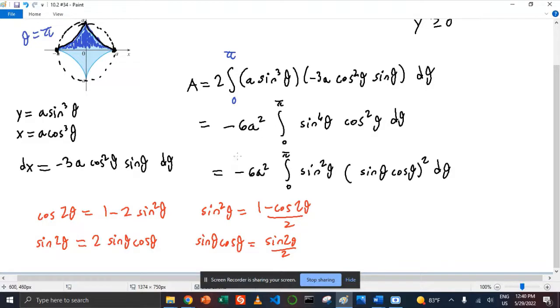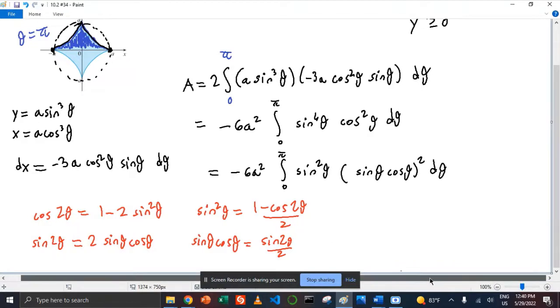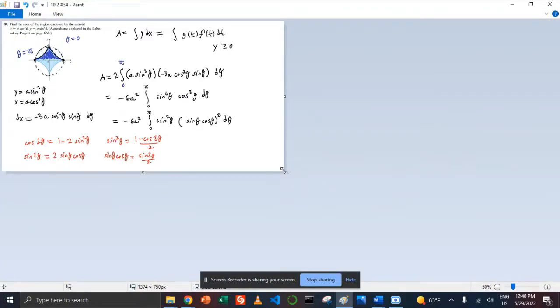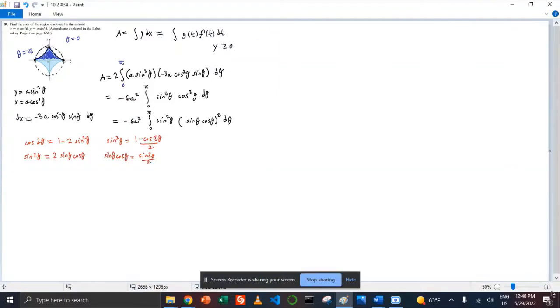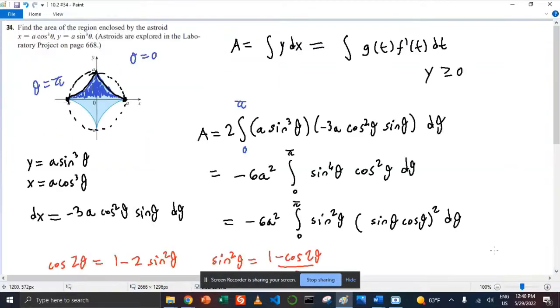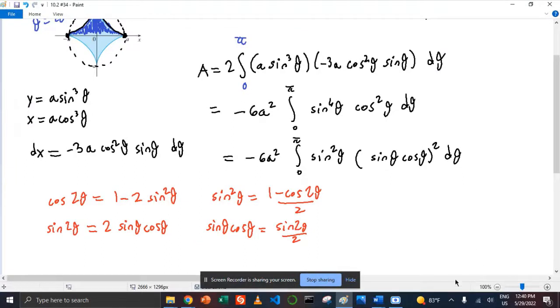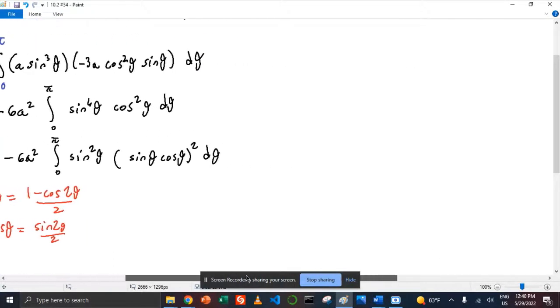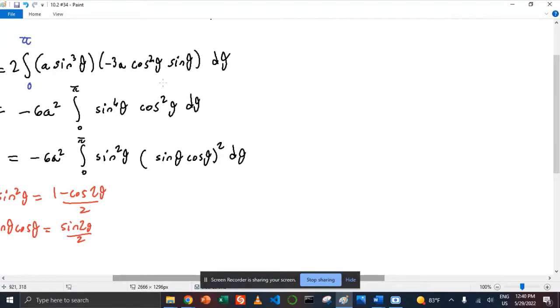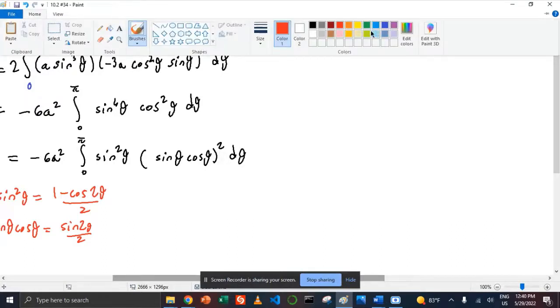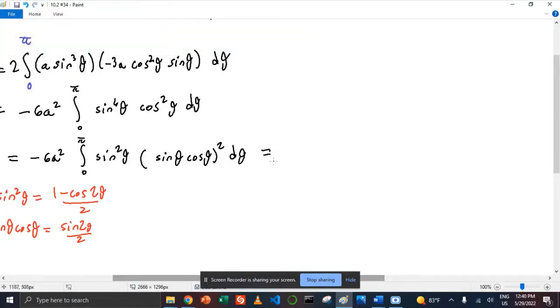Fair enough. So we can rewrite this entire expression in terms of these two quantities. So I will give myself more space like that. And let's take a look. So we can rewrite this entire expression as minus 6a squared, 0 to pi, sine squared theta.